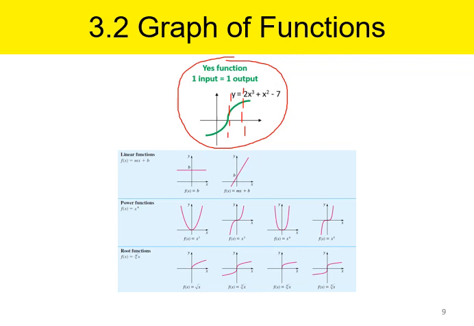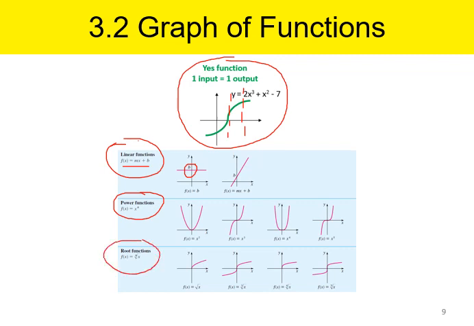We can have many kinds of functions here, like linear functions. The general representation is f(x) equals mx plus b, where m is the gradient and b is the intercept at the y-axis there. We have the power functions, and then we have the root functions, the third one.